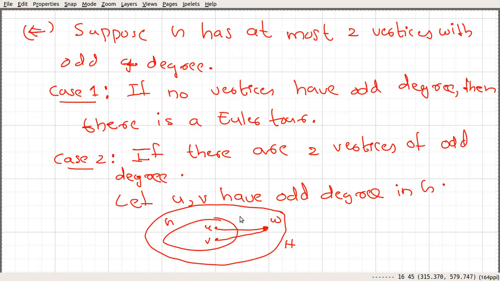Then there exists an Euler tour by the previous theorem. Suppose that the Euler tour starts at W, then it moves to U using this edge.